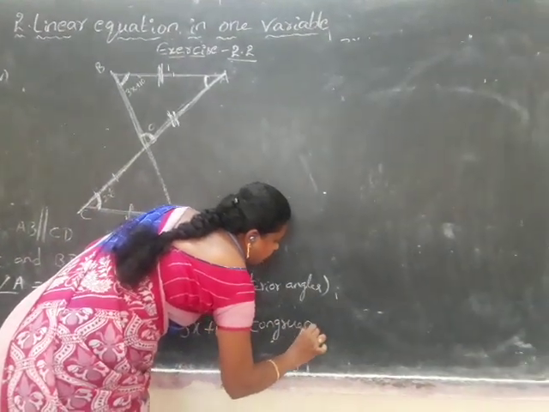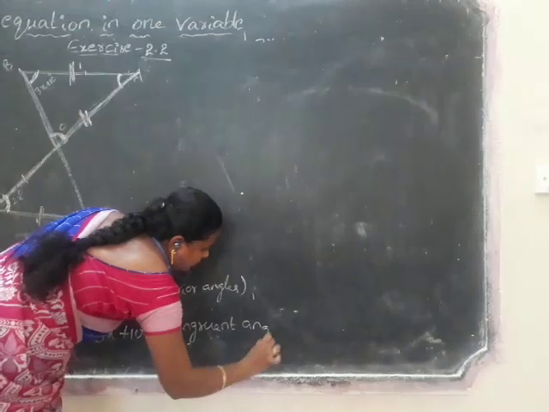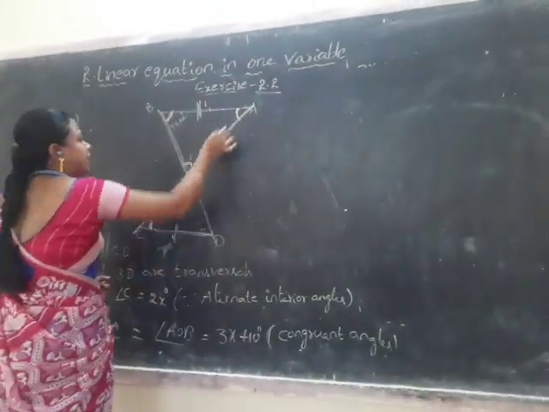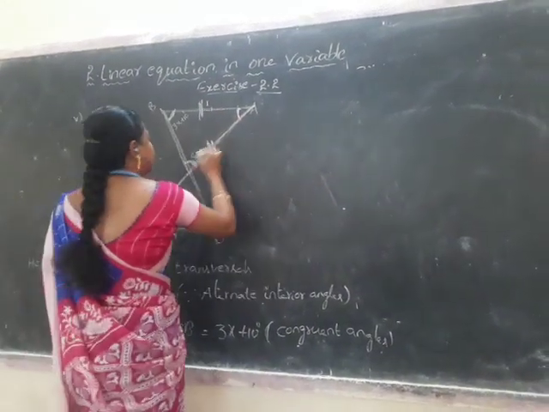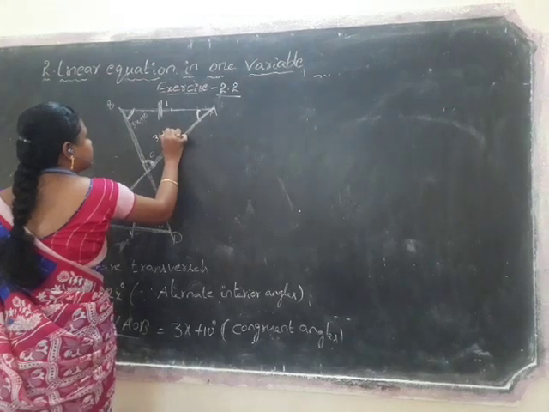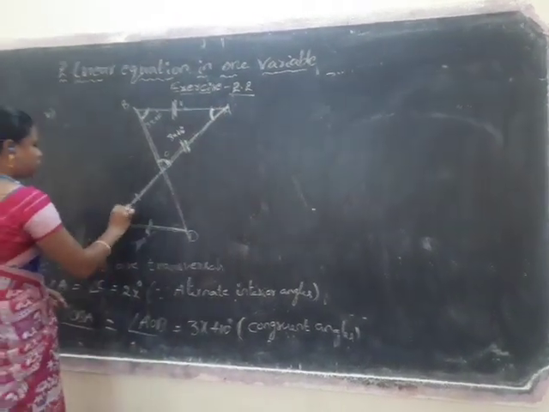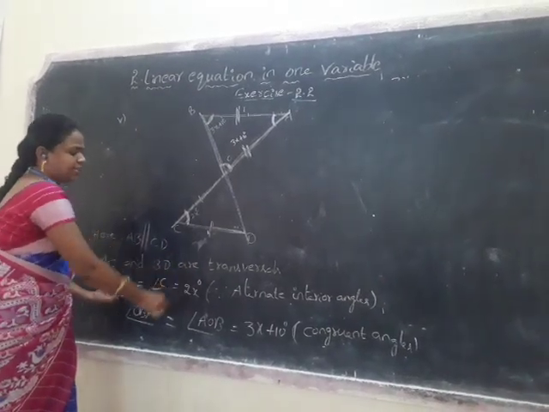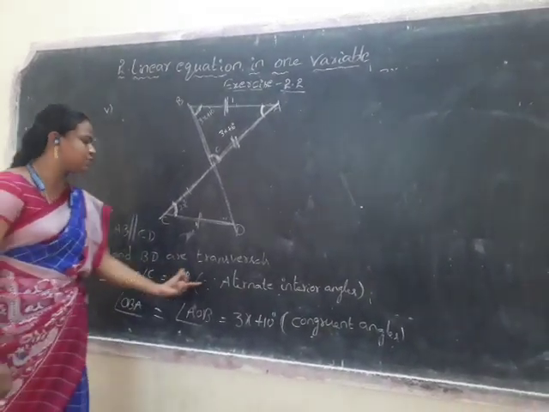Okay students? Now in triangle AOB, angle O is 3x plus 10 degrees and angle A is 2x degrees.